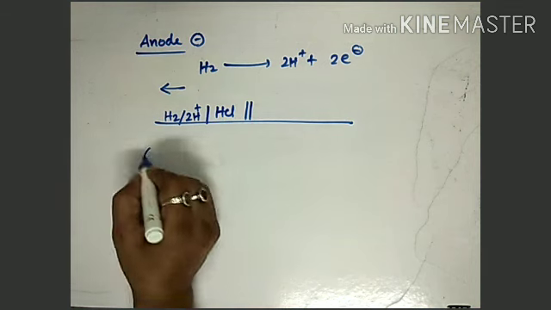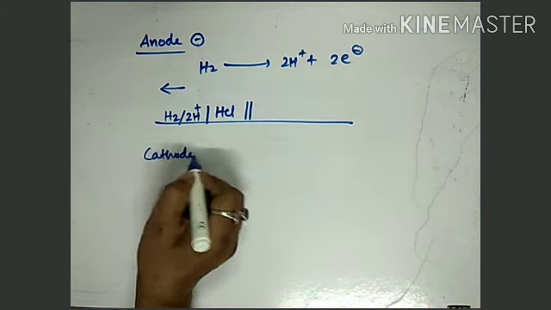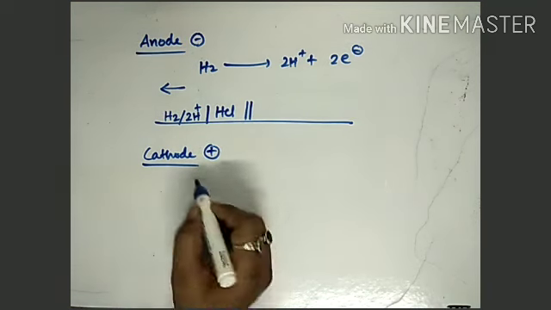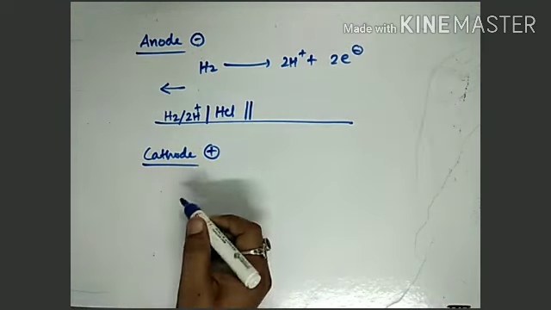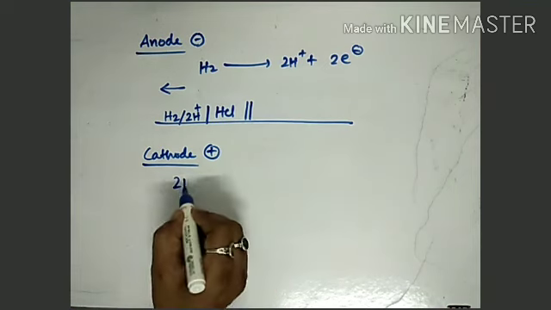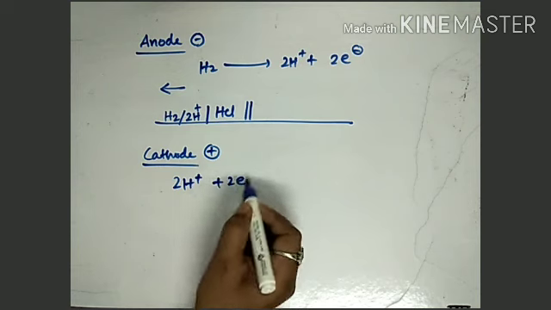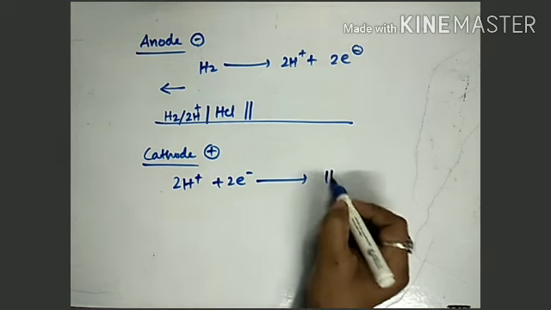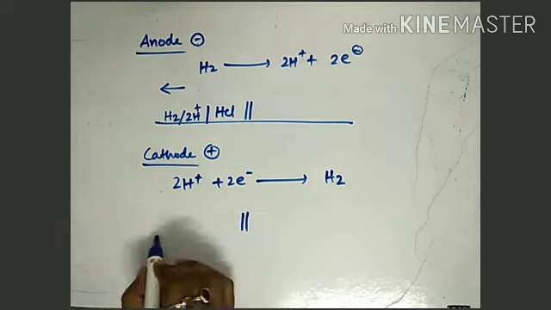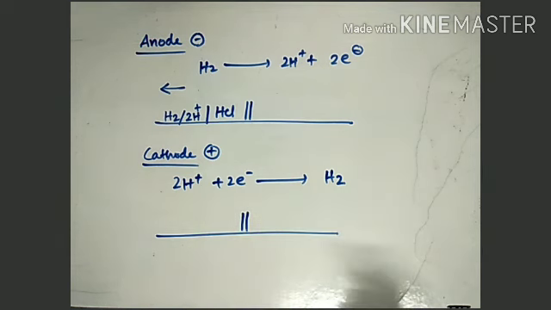And what about the cathodic reaction? As a cathode, the reaction will be the reverse of the anode reaction. So 2H plus and 2 electrons react to give hydrogen. You have to mention the 2 lines which show the bridge, separating the portions.